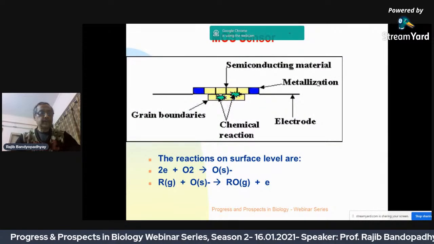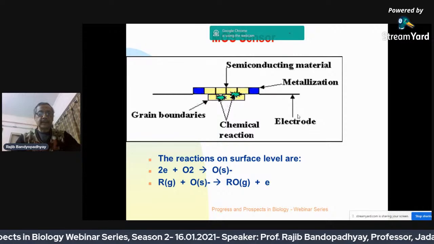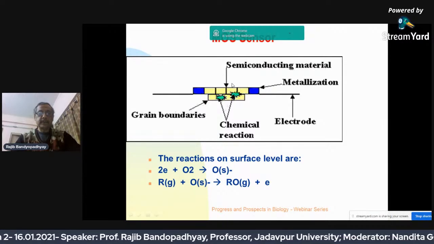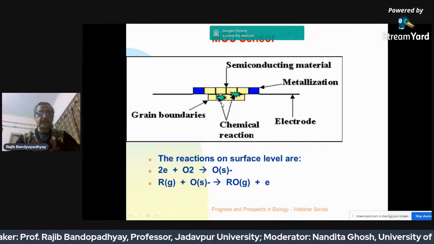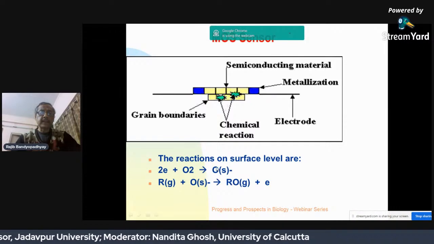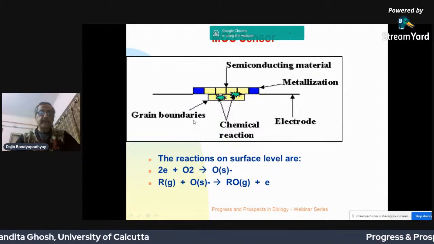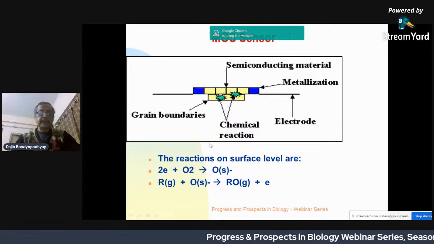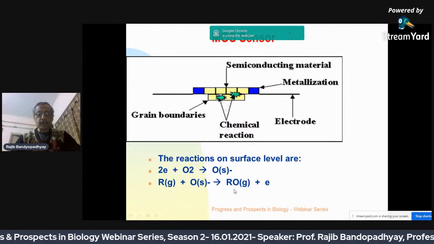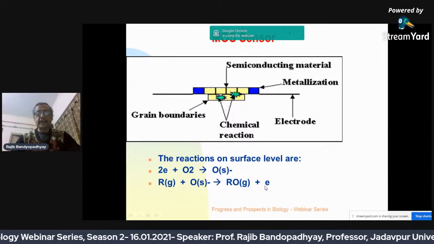Now, this is the basic principle of this MOS sensor. The idea is that when it is heated, the oxygen molecules are stuck on the surface as ions, at high temperature. And when the reducing gas comes in contact with the surface of the semiconducting material, it interacts with these oxygen ions, oxides are formed, and there is a release of electrons.